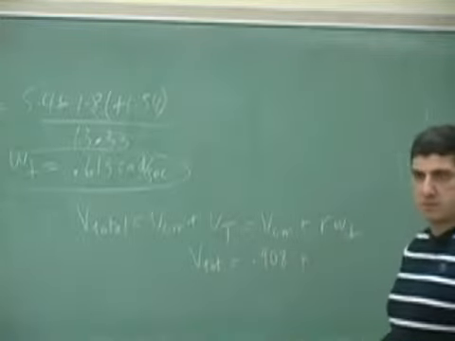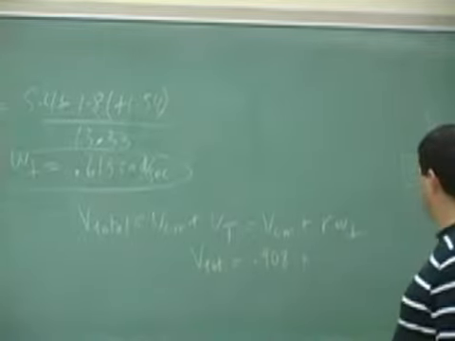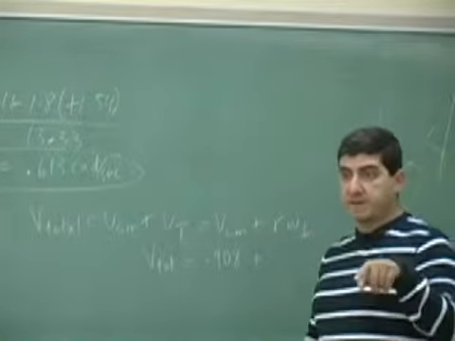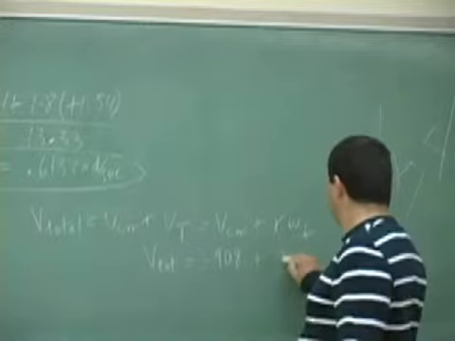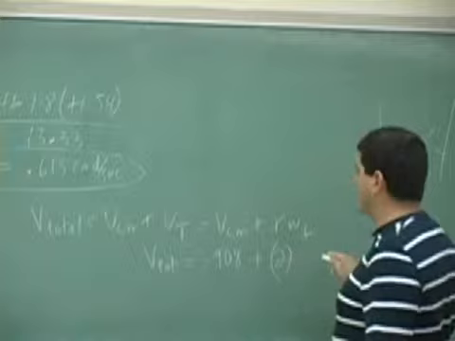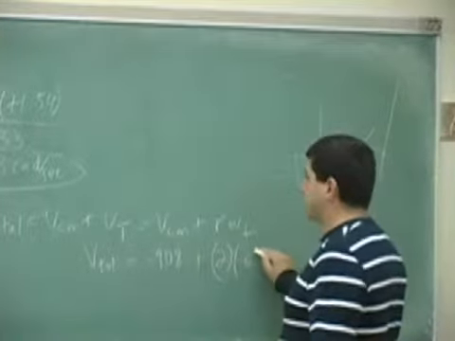Plus R omega. R is the distance between the center and the top point, which is 2 meters, times omega, which is 0.613.